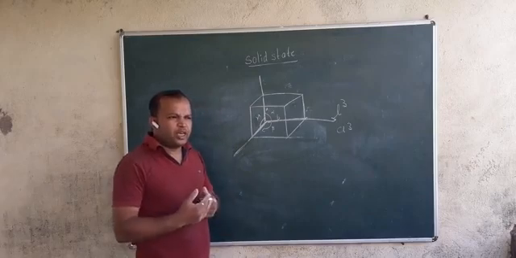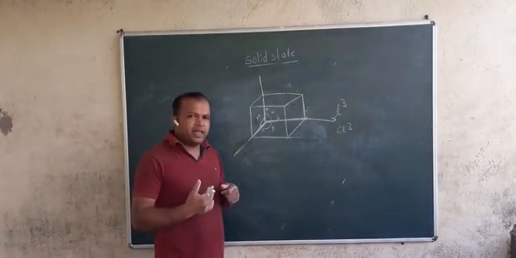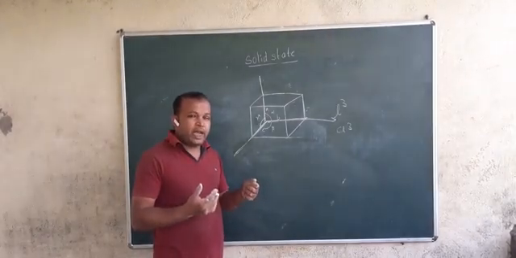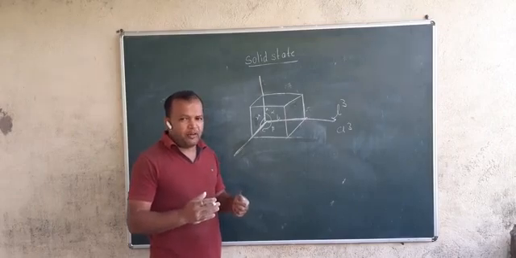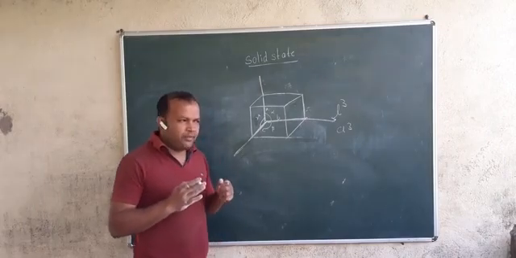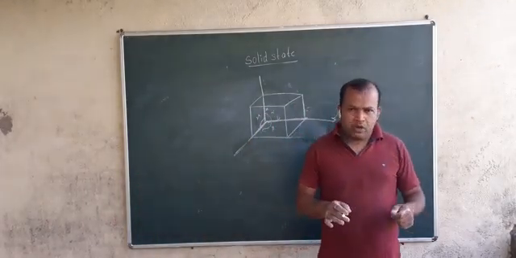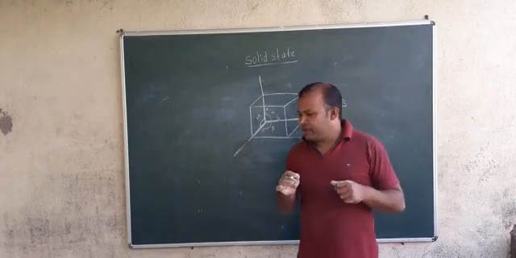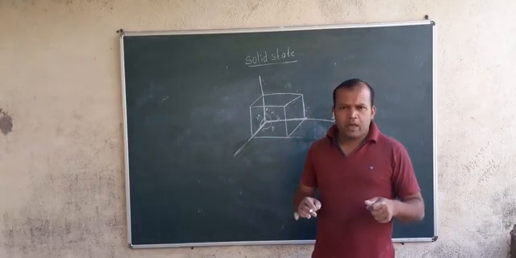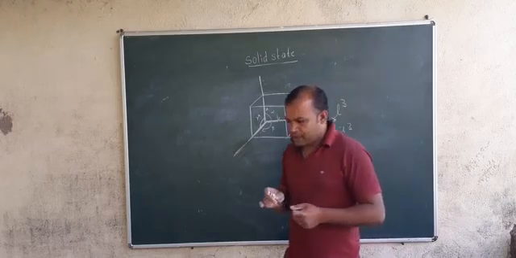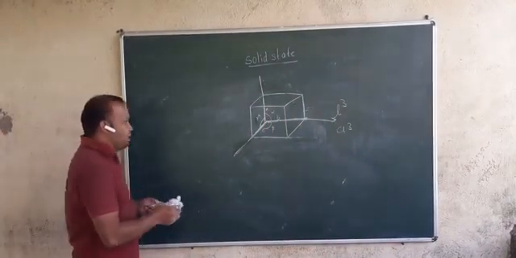So by changing these edge lengths and these angles, we can form 7 types of unit cell and 14 types of Bravais lattice. With a short trick, I'll explain how to remember these. So let us begin. I'll put a heading: crystal system.